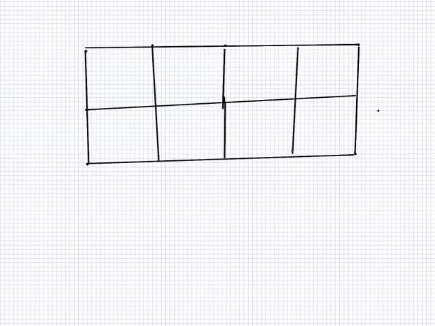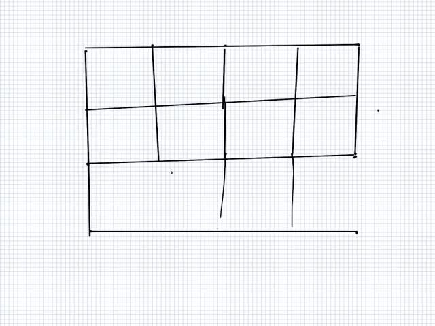Right, so we'll have, let's see here, and I need one more row actually. Okay, so what we're looking at now is if our information is in a table, how we can use that.